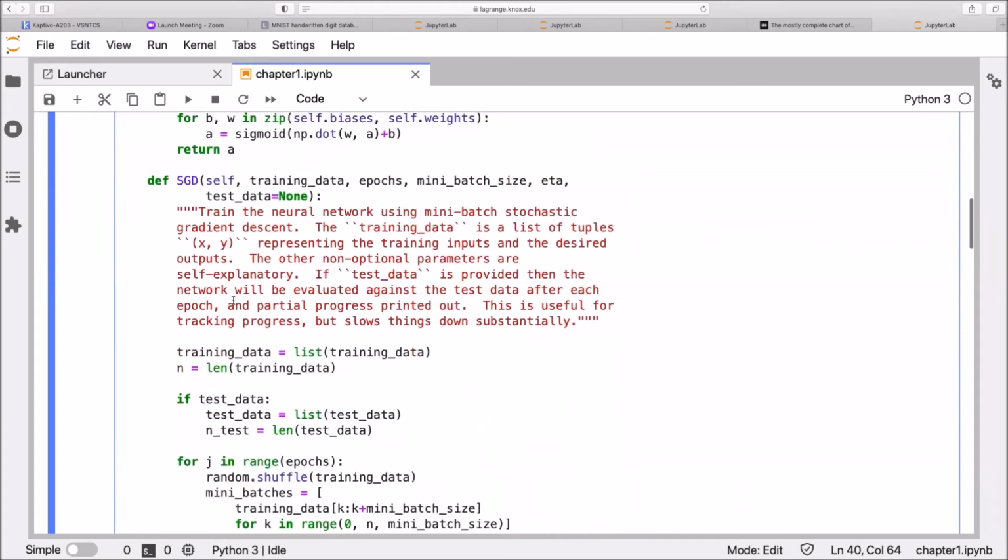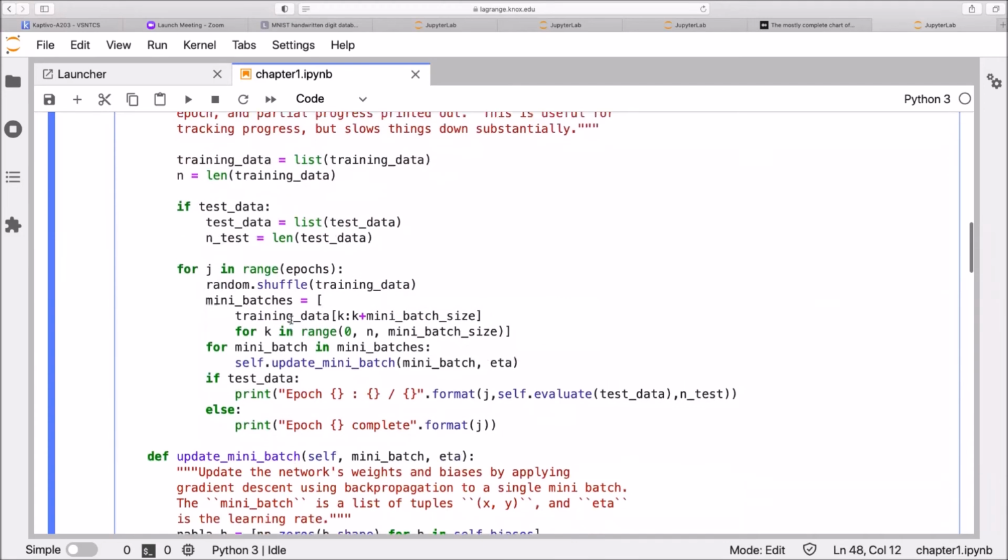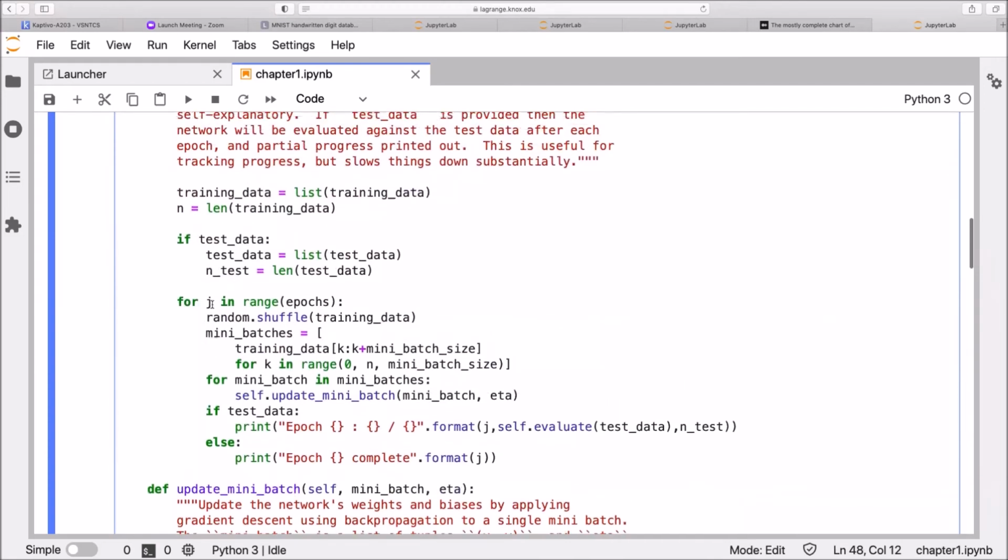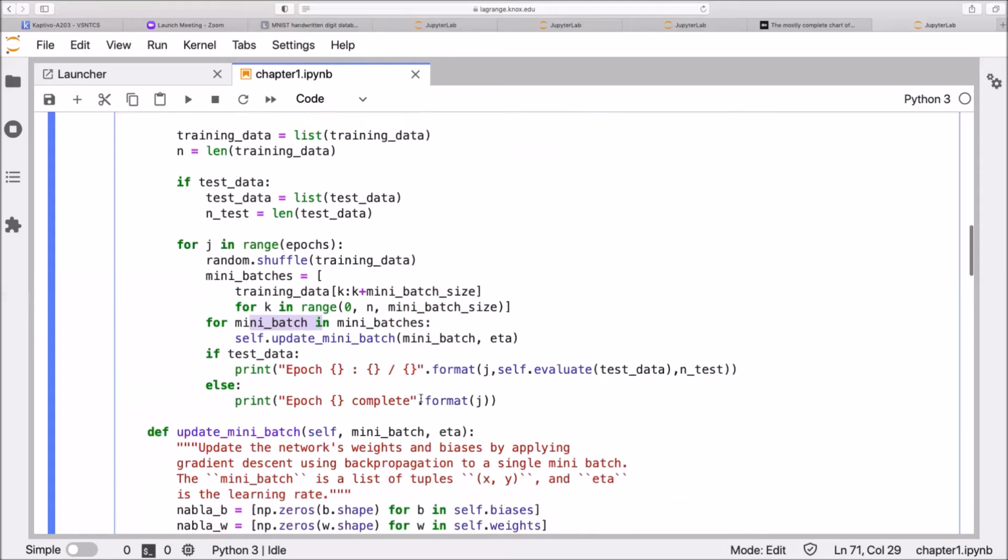That's our equation, and we have stochastic gradient descent, SGD. Here, first we shuffle the training data, then we generate the mini batches. And for each mini batch, we call the function update mini batch, self.update_mini_batch.